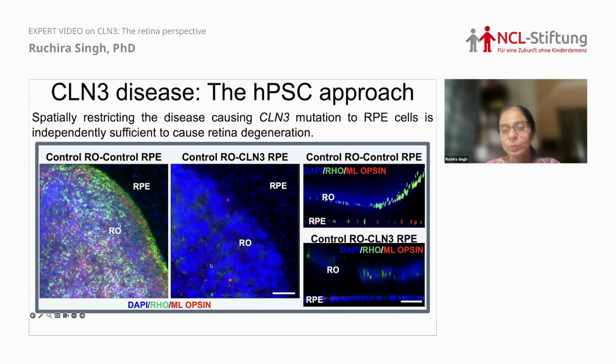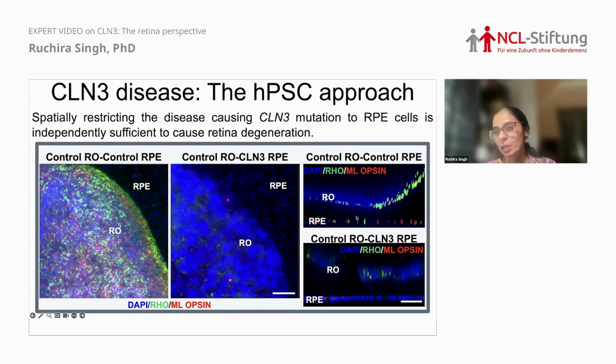Whereas here you have a control retina organoid, but you have put it together with a mutant RPE. So your retina organoid is normal, but your RPE is mutant. And in this scenario, you can see that there is almost complete loss of outer segments.